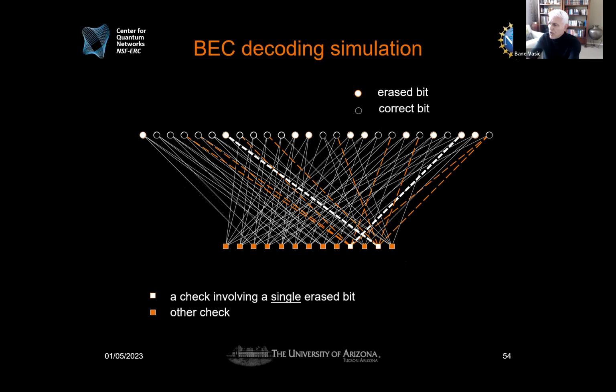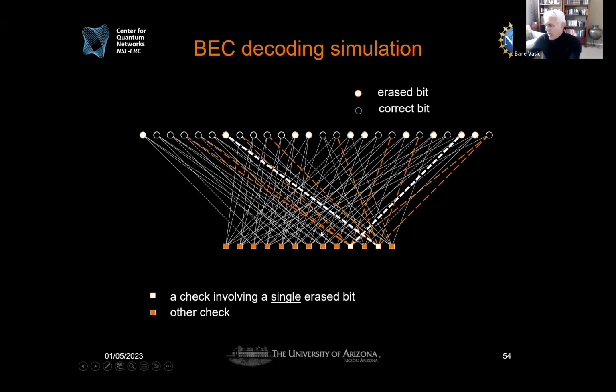In the first iteration, I will identify parity check equations that involve only a single erased bit. So these are these parity check equations. And then obviously this erased bit can be corrected. These other checks are not useful in this case because they involve 2 or more erased bits, and they cannot be used to correct erasures.